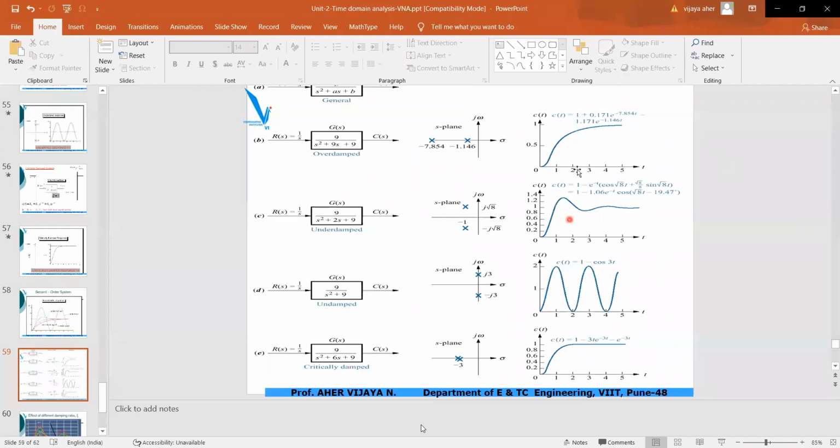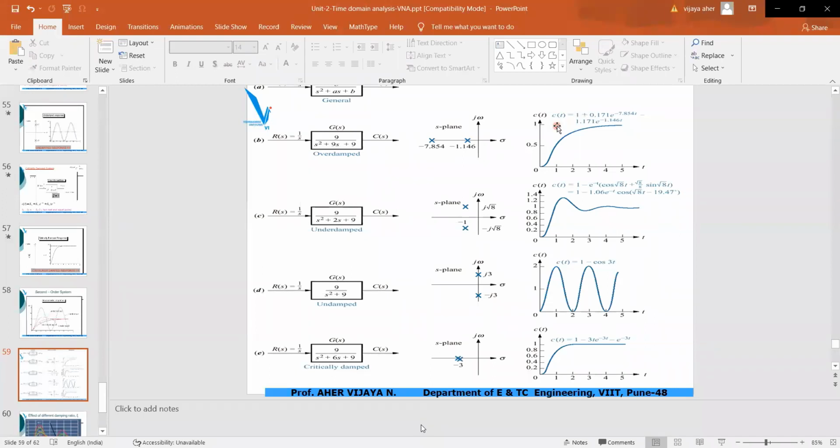Now, students, observe the equation C of t. Let me know what your observation is. Please observe this. Look at the equation of C of t after taking the inverse Laplace.